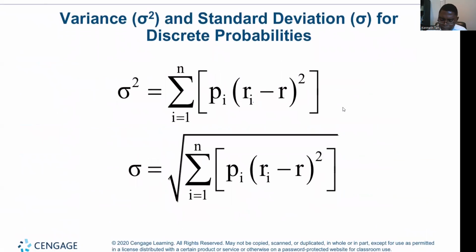This is the formula for calculating the standard deviation. This first part is the variance, and then the square root of the variance gives us the standard deviation, or the risk.